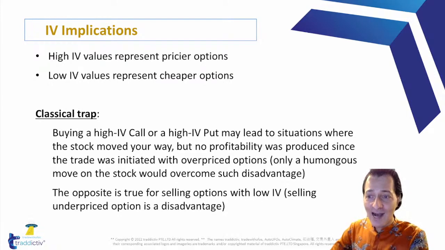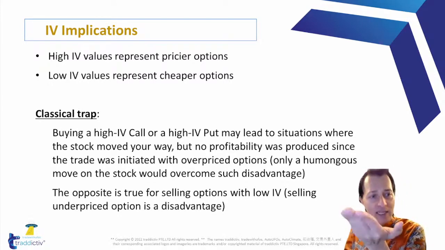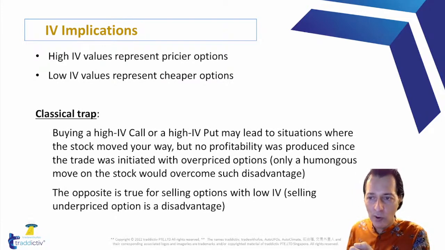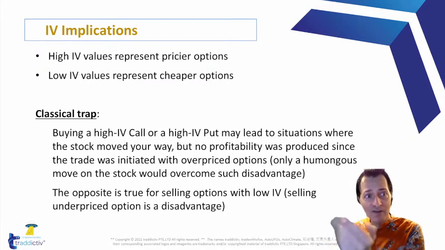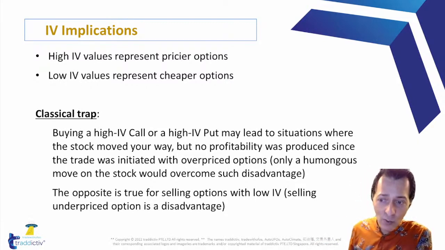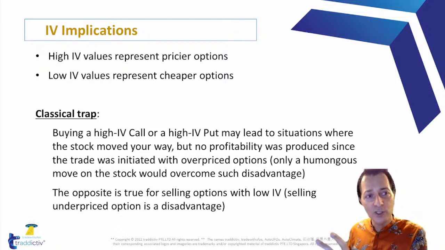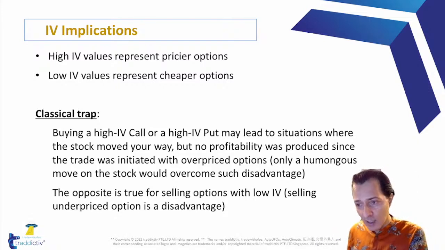So now, instead of having two forces working your way, which is intrinsic value gaining value because the stock is moving my way, and extrinsic value staying the same or gaining value because there is more expectation building up because the stock is moving fast in your direction, you have the intrinsic value moving your way, but the extrinsic value is shrinking, shrinking, shrinking. Why? Because it was way too inflated when you bought the option.